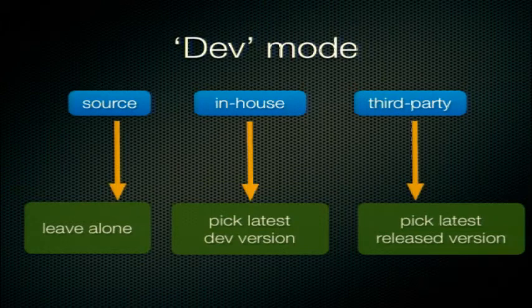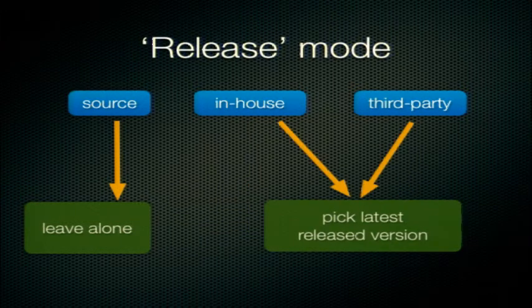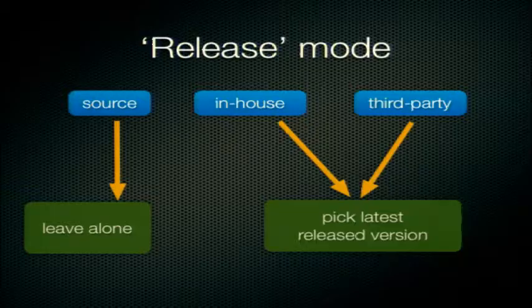You can always override this behavior, by the way, if you pin a specific version as a requirement. Say you wanted a dev version of something third-party, you say the package equals that development version. That'll be fine. When we're in release mode, nothing much changes. Source code remains being left alone, and in-house and third-party packages now always use the latest release version.